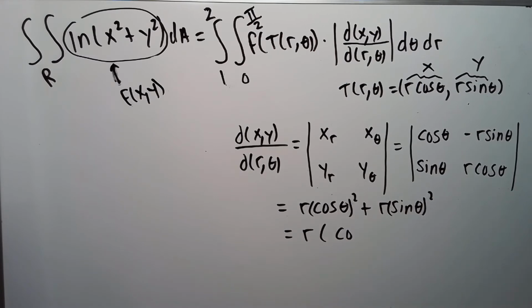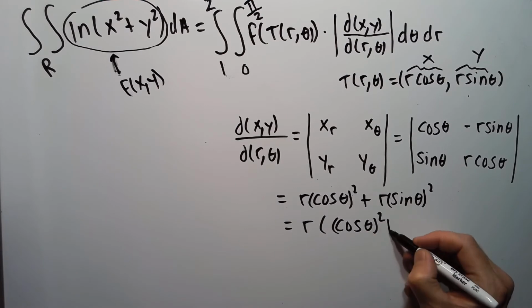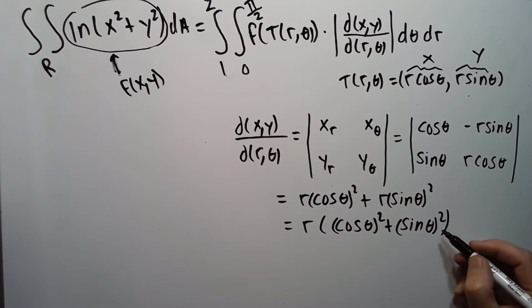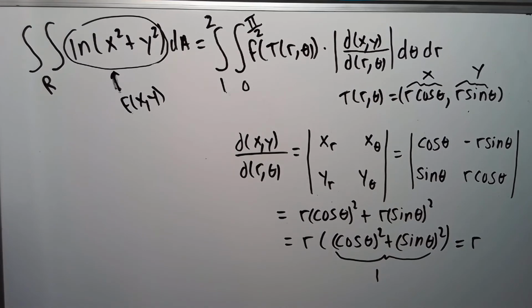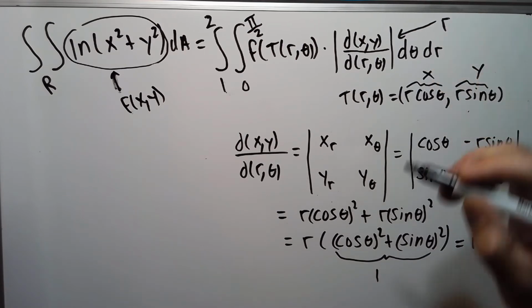And it'll be cosine squared plus sine squared. This guy's 1. So it's just going to be r.